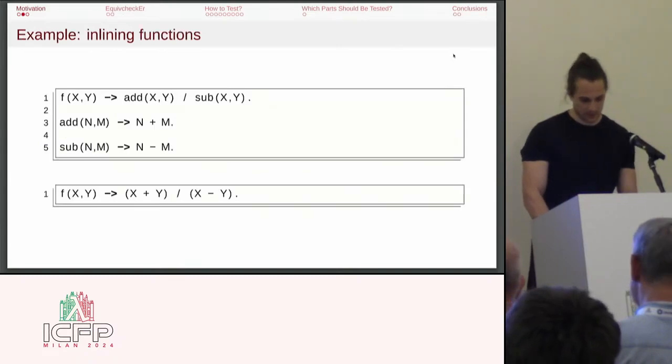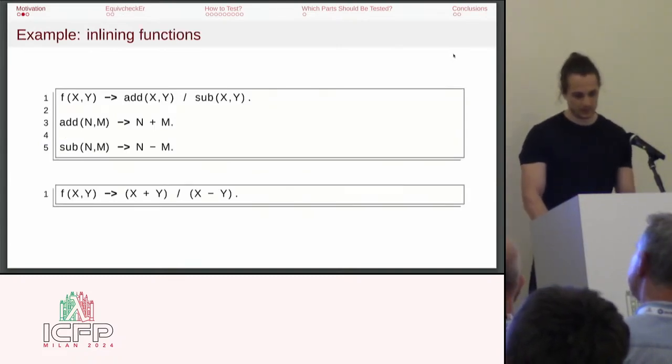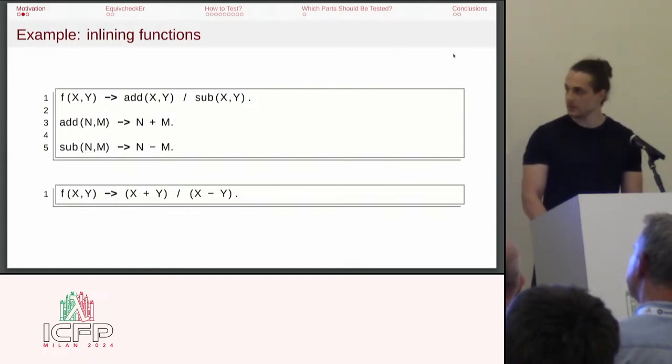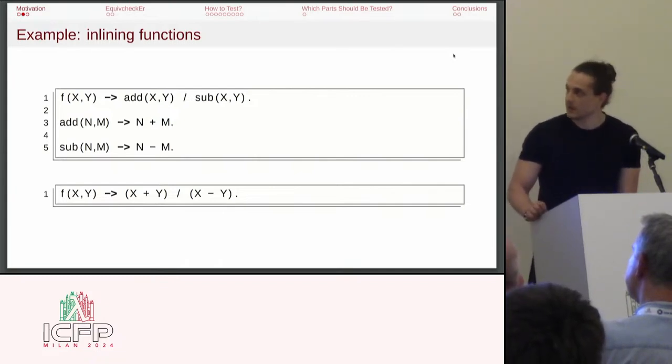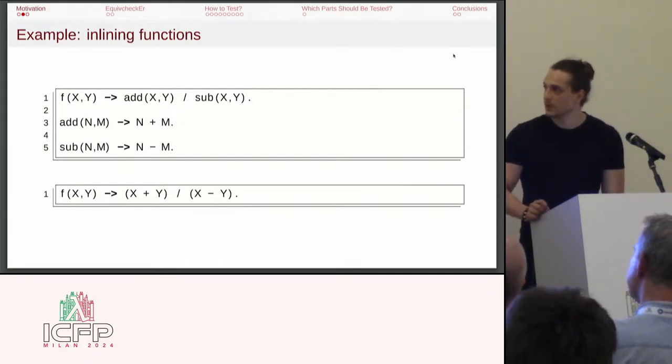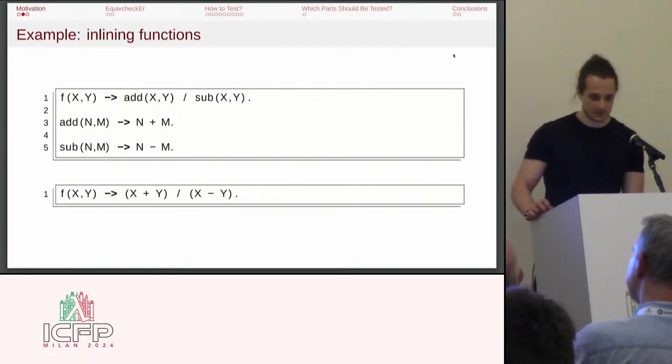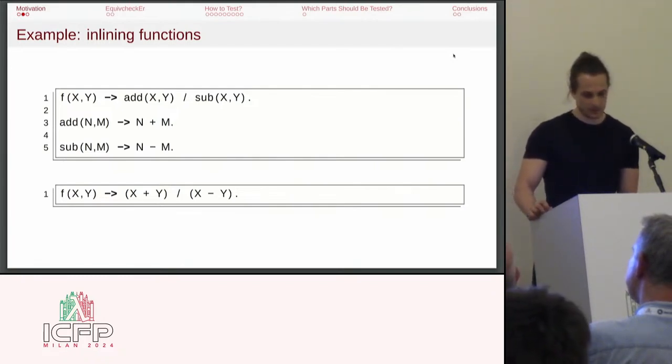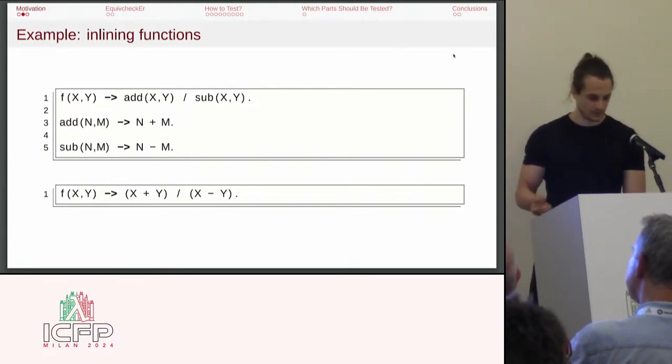And here you can see a very simple example of a refactoring. It's an example of a function inlining. So what you can see here in the upper half of the slide is the original version of the program. We have 3 different functions. So this f function calls two other functions, the add and sub functions.